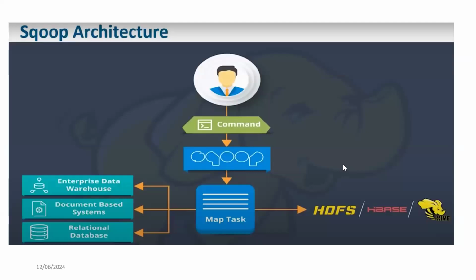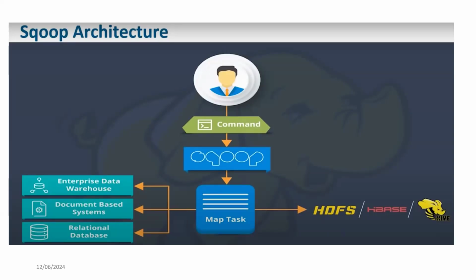Then you can see the architecture, how it basically handles things. The user can issue a command to Sqoop, and then you have map tasks, where the data could be coming from data warehouses, databases, document-based systems, or even relational databases.